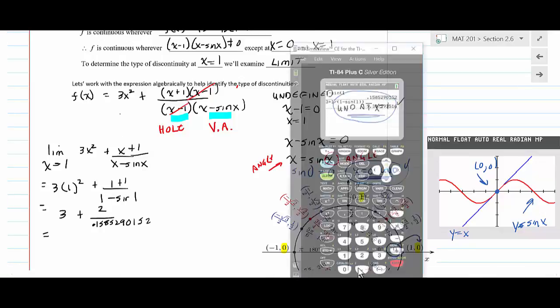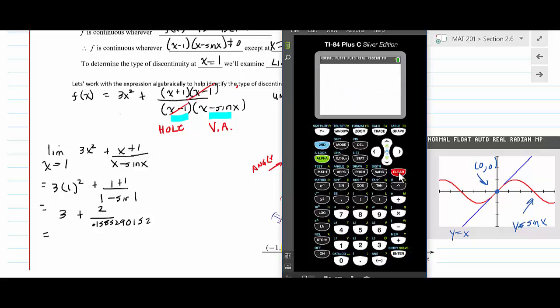Let me clear this off and then we're just going to go 3 plus 2, and then divide by parentheses 1 minus sine 1. I think that gives around 15 or something like that. Let me take that extra parenthesis off. Okay, yeah, so that's approximately 15.6.